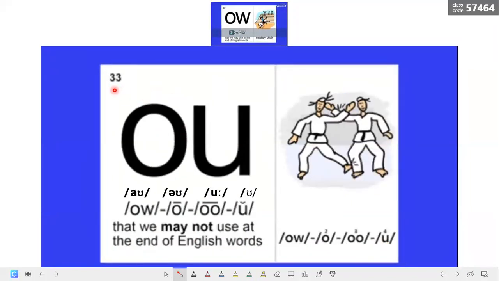Here we have 33. We have the letters O, U. That could be pronounced in four different ways, like ow, or oh, or ooh, or uh. But you can notice here that we cannot use this form of letters at the end of English words.